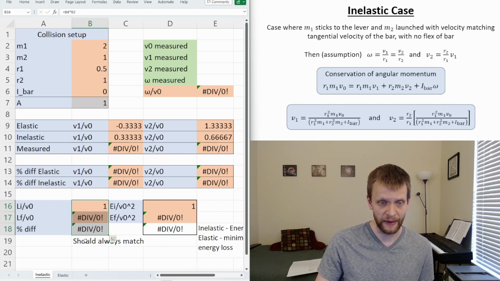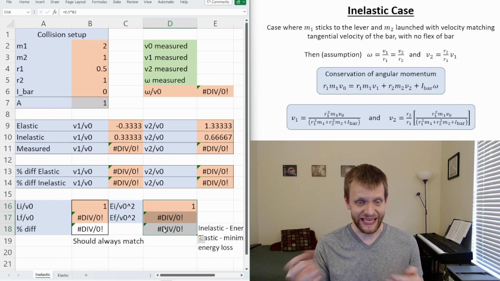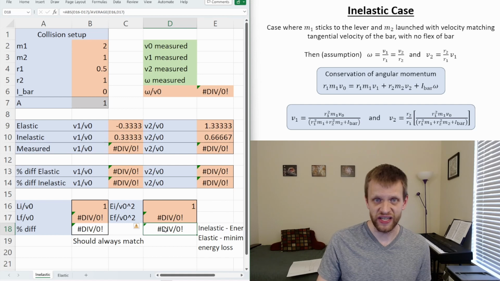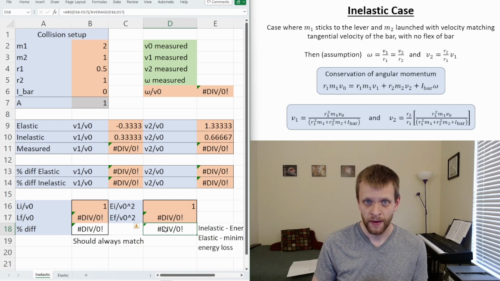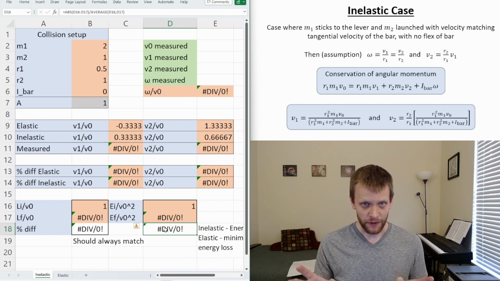Those values should match. In terms of the energy, if it's an inelastic collision, we should expect to get some energy loss. If it's an elastic collision, we should get most of the energy staying pretty much the same. Now, right off the bat, I want to make this caveat.